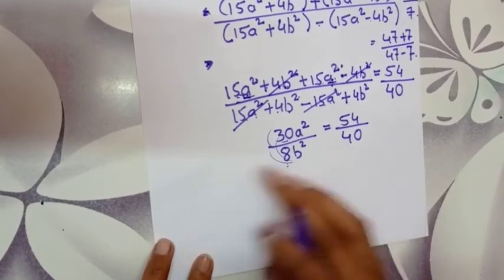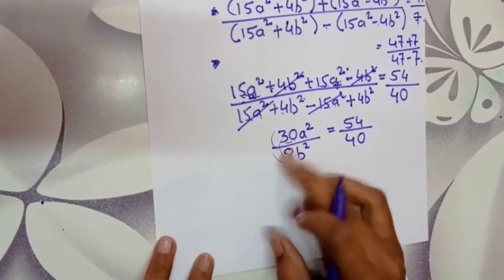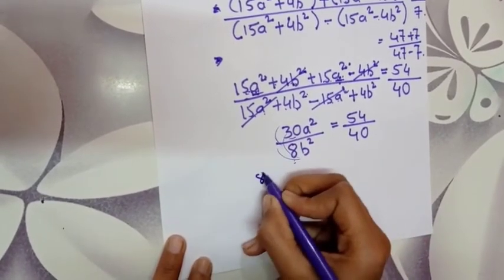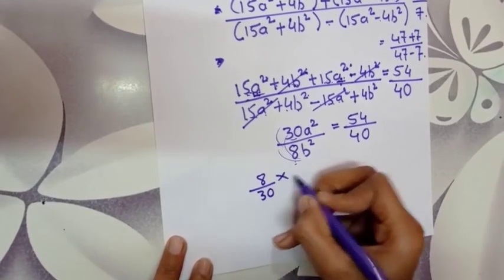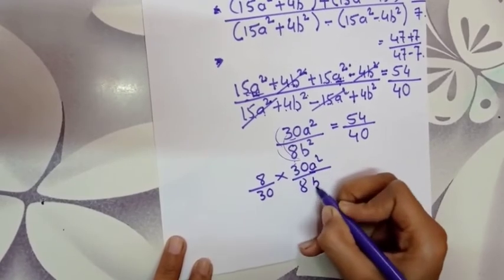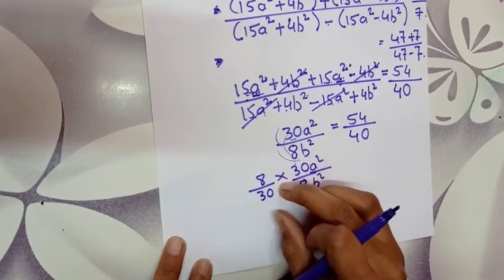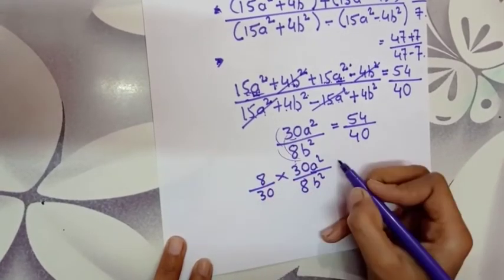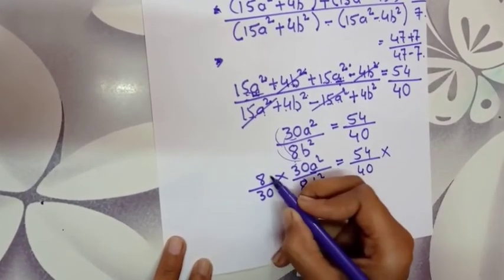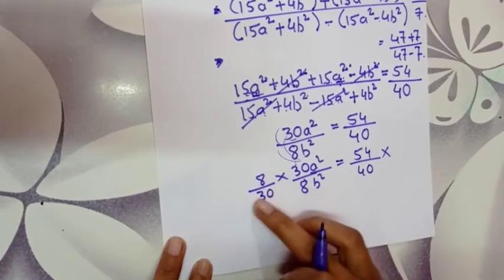Therefore multiplying on both sides by 8 by 30, so that these coefficients will get cancelled. 8 by 30 into 30a square by 8b square, as it is, and we have multiplied 8 by 30, which will be equal to 54 by 40 into 8 by 30.